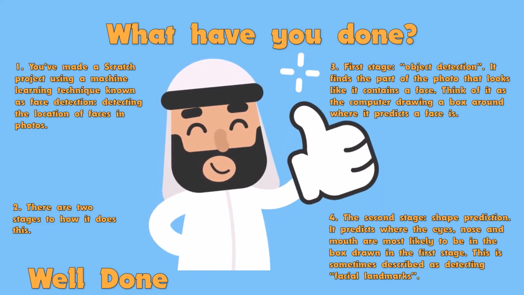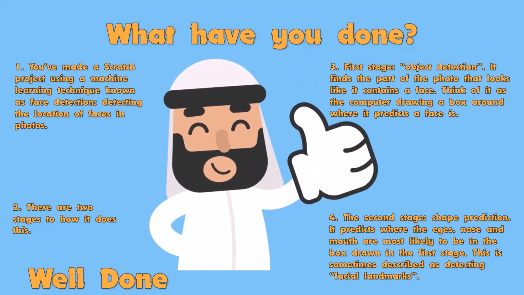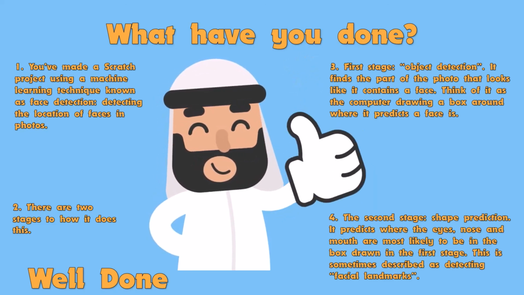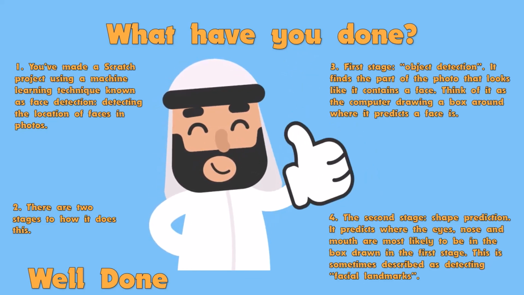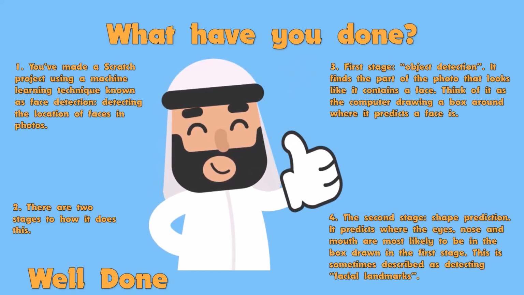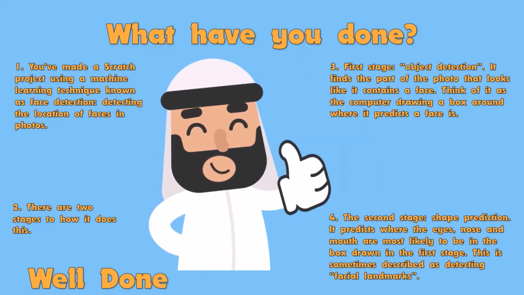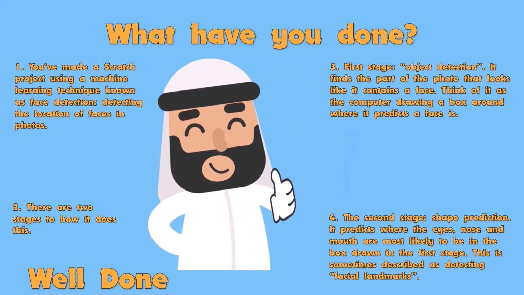So as you remember, first of all we added just an emoji to our face, and it just finds your face as a box, just a box, and puts the emoji there. That's all we've done at the beginning. And then another stage is predicting where the eyes, where the nose, where the mouth are.